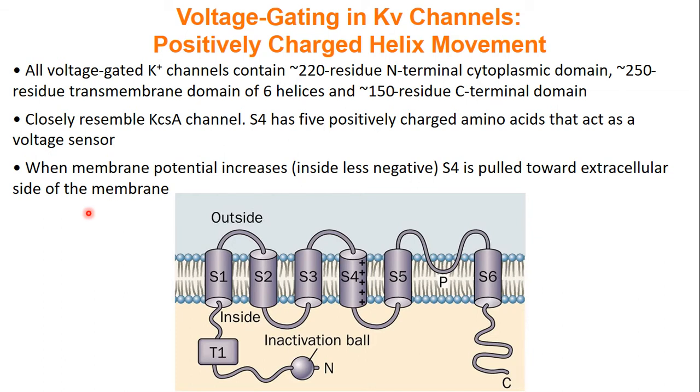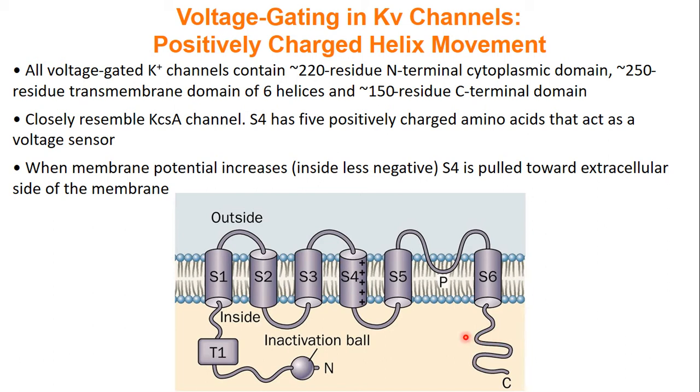Now, this voltage-gated channel, we call it the KV channel for potassium, V for voltage, so potassium voltage channel. And they're all relatively the same in that you have 220 residues of your N-terminus that's in your cytoplasm, shown here. You have 250 residues that are transmembrane and 6 helices, shown here, and roughly 150 residues of your C-terminus.